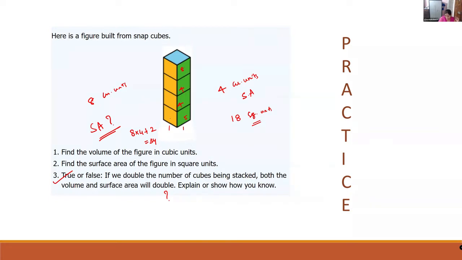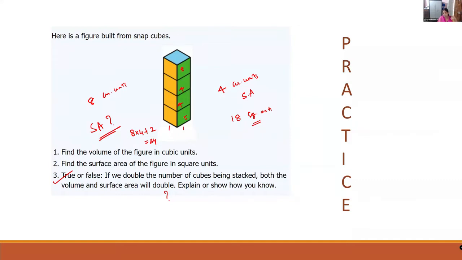Because the faces are hidden here. In between, totally we have the 8 cubes. For the 6 cubes in between, 2 faces are hidden. Only for the top and the bottom cube, they are seeing the 5 faces. So here it won't be double because of the 2 faces hidden in the middle cubes.